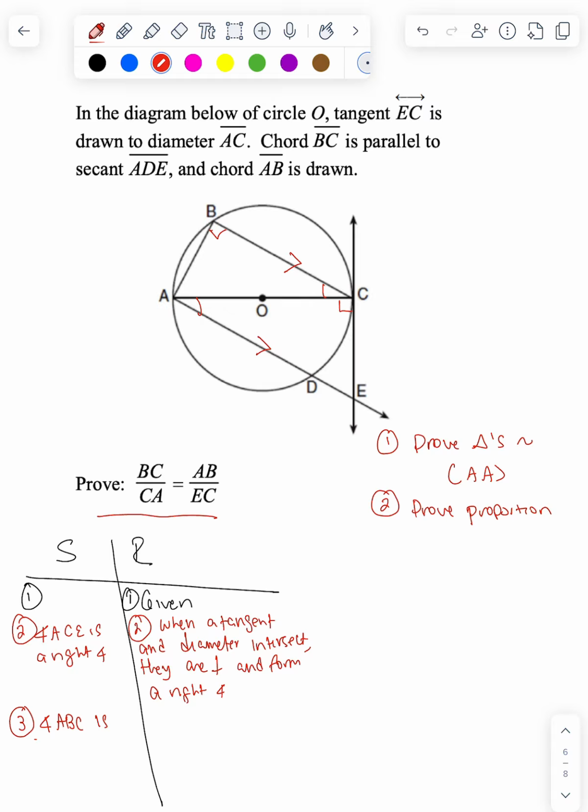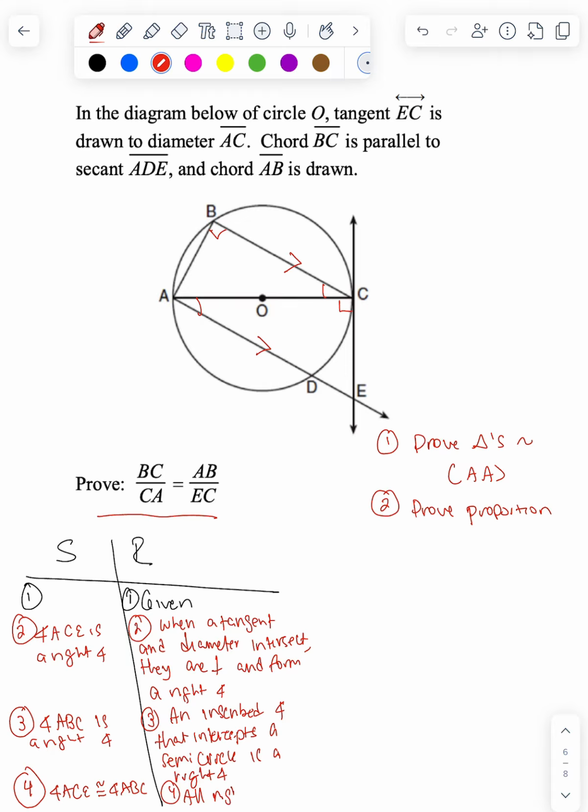Angle ABC is a right angle. An inscribed angle that intercepts a semicircle is a right angle. And then we do need congruent angles for AA. So I do need to say that the two right angles are congruent to each other because all right angles are congruent.